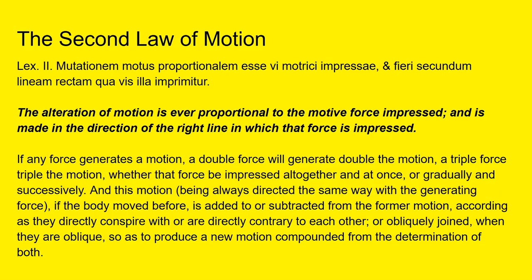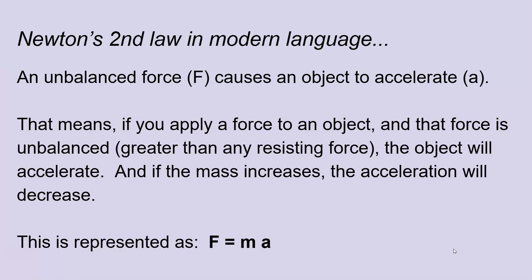Now I know it's hard to see that there, but he said the alteration of motion, that is another way that they would use the phrase for acceleration. So an unbalanced force, F, causes an object to accelerate, A. That means if you apply force to an object and that force is unbalanced, meaning greater than any resisting forces, then the object will accelerate.